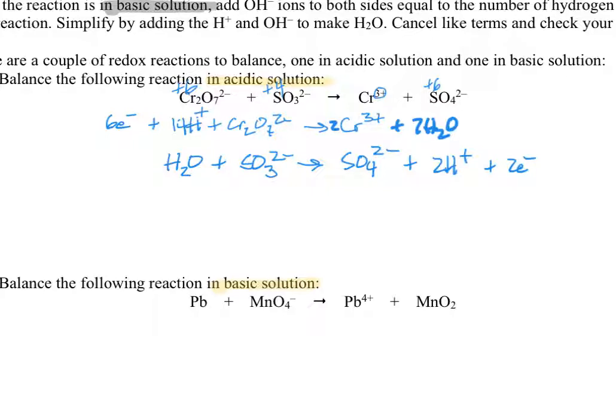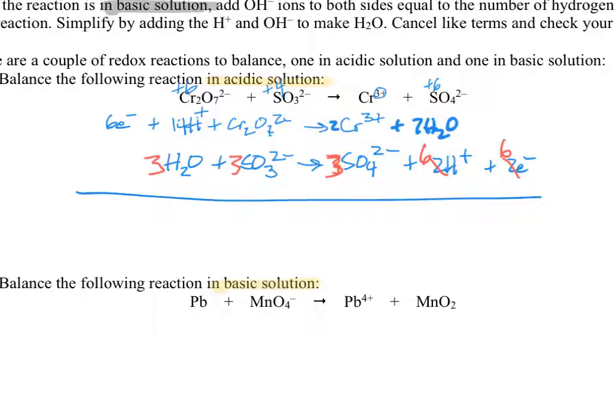So that means I'm going to have 3H2O, 3SO3 2-, 3SO4 2-, and then that'll become 6H+ and 6 electrons. Okay, so now I can go ahead and add the 2 half reactions back to each other, and as I do this addition, I can start to cancel out like terms.